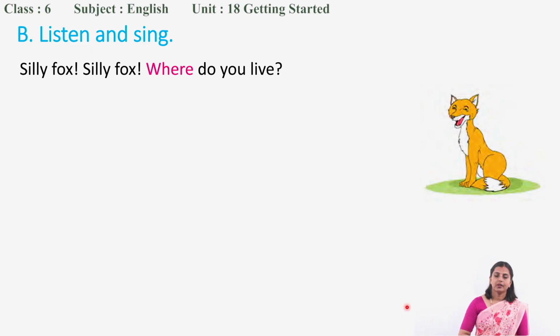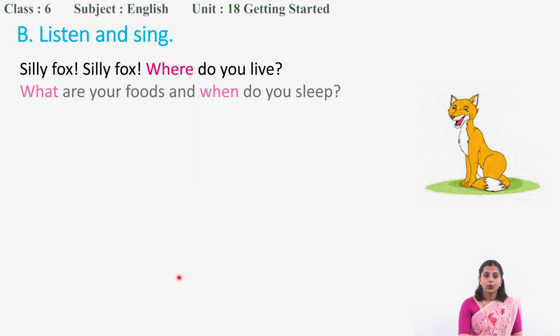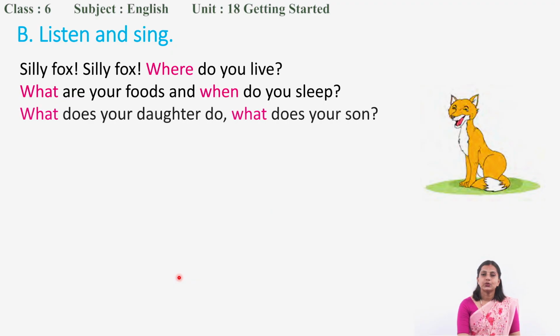Silly fox, where do you live? What are your foods and when do you sleep? Silly fox, where do you live? What are your foods and when do you sleep? Say, yes. What does your daughter do?